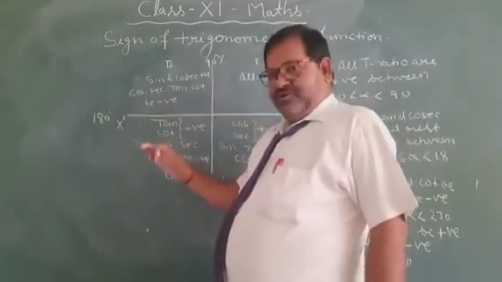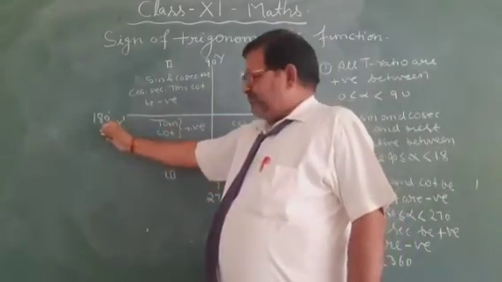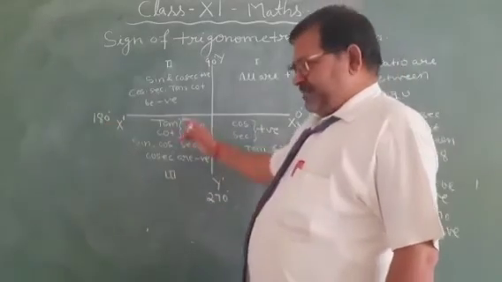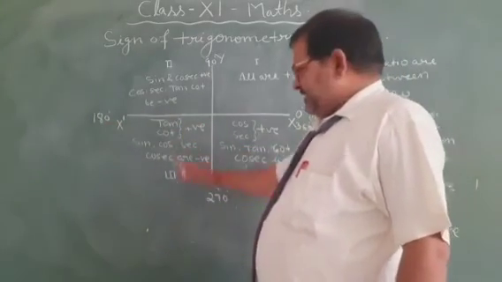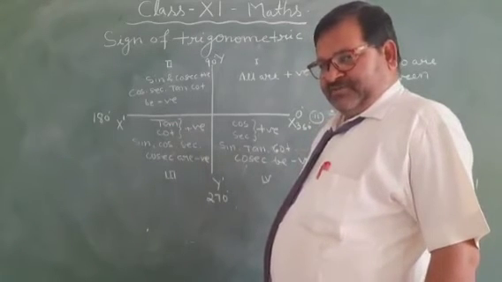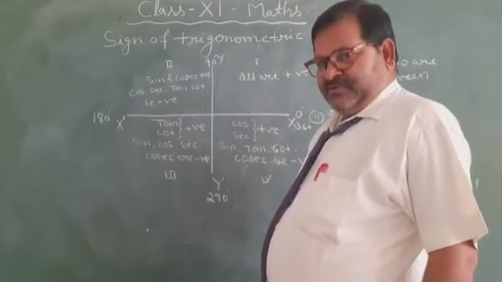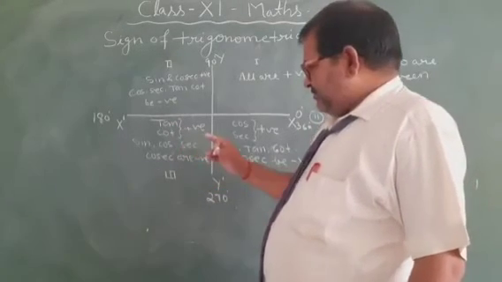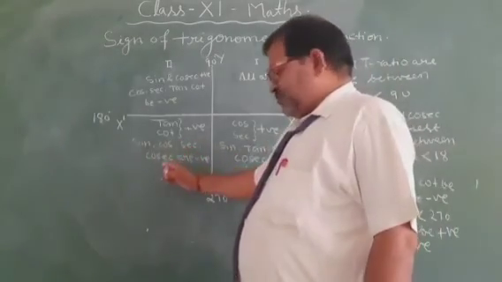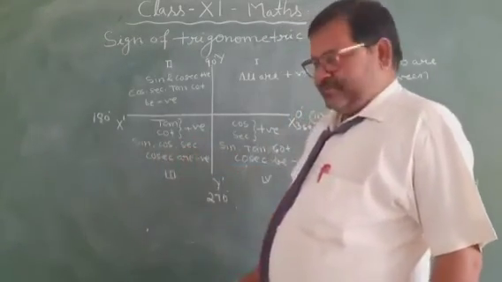When we go to the angle between 180 to 270, the trigonometric functions tangent and cot be positive and the rest, sine, cos, sec and cosec, be negative.